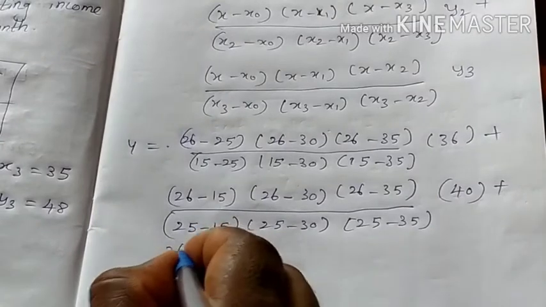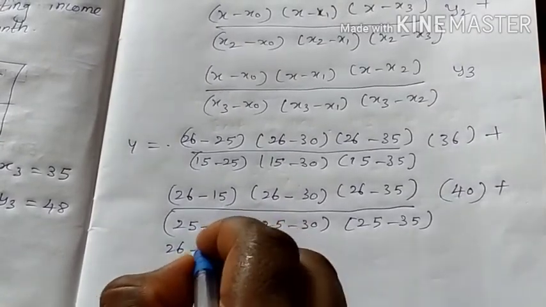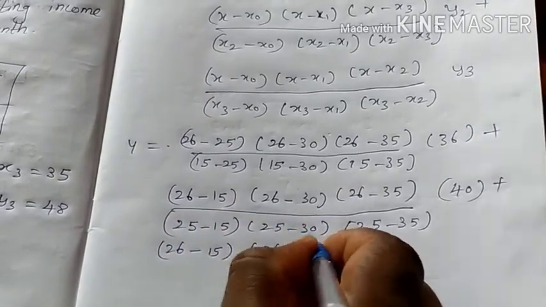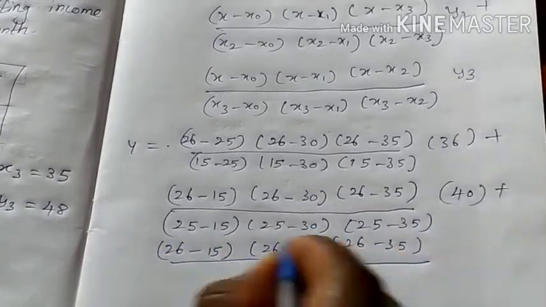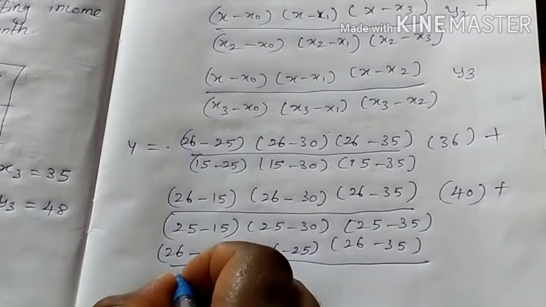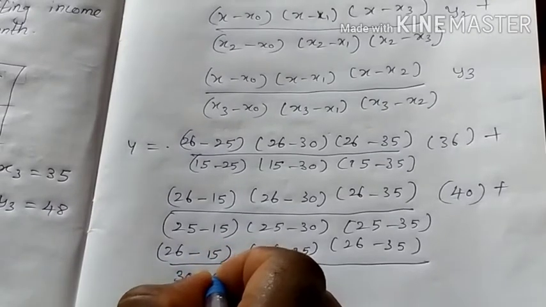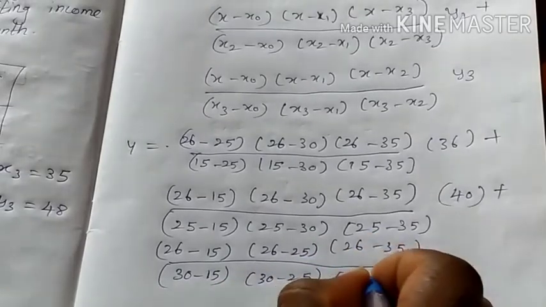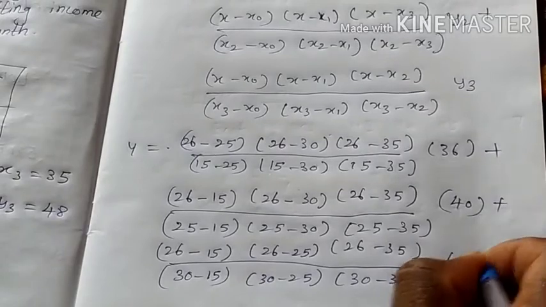Plus 26 minus 15, 26 minus 25, 26 minus 35, whole divided by x2 value 30: 30 minus 15, 30 minus 25, 30 minus 35, y2 value is 45.